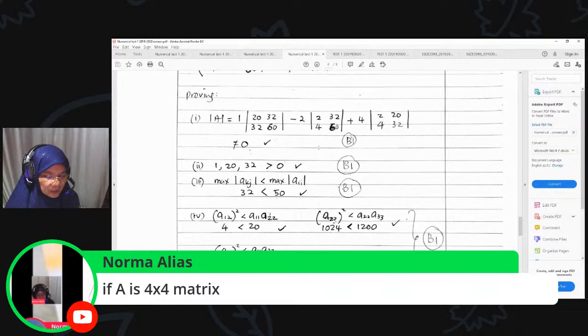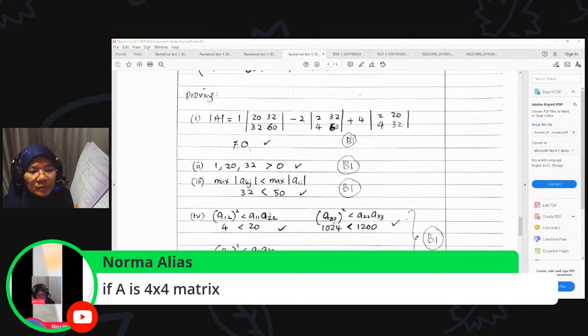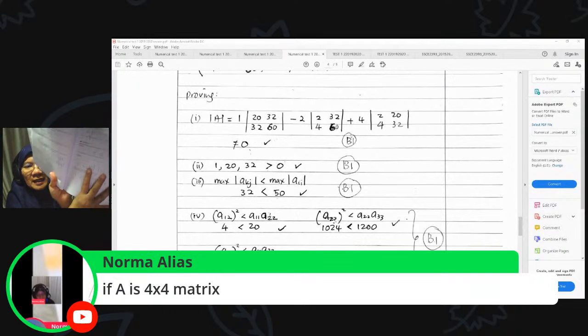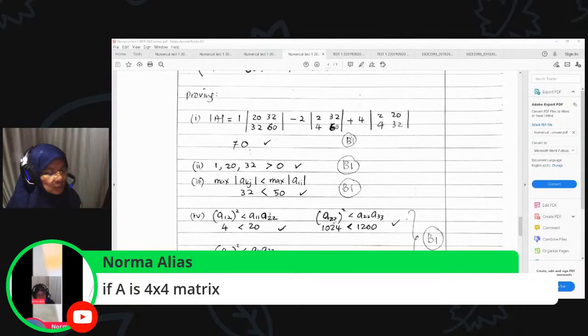There are many ways to prove the matrix is symmetric. Go to page 48, there are three conditions to assume that the matrix is symmetric positive definite.